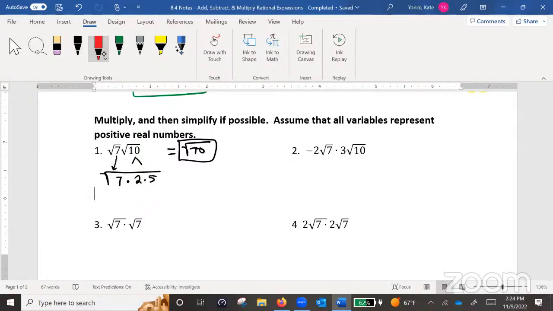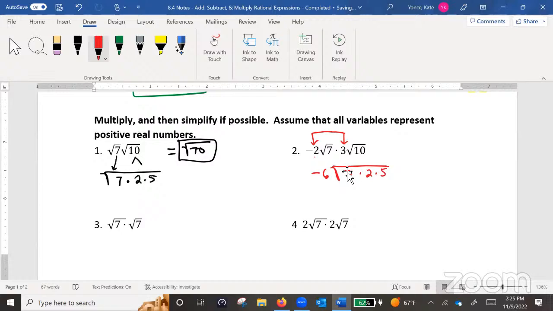For number 2, we would multiply. So you can't ever multiply the coefficient by the radical. It just has to stay there separate like this. But we can multiply a coefficient times a coefficient. So what's -2 times 3? -6. And then again, like if we hadn't just done square root of 7 times square root of 10, in my head I would have done, okay, 7 times, and then 10 breaks down to 2 times 5.